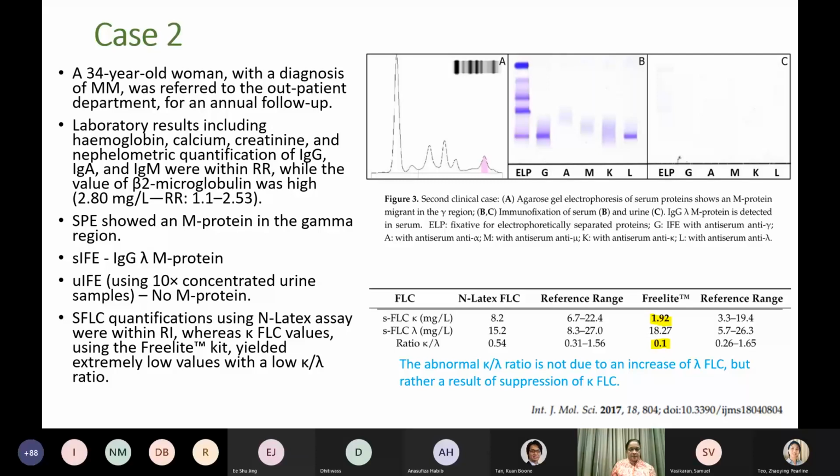Free light chain quantification using N-latex assay was within normal range, whereas using free light, they had very low kappa free light chain, with a normal lambda free light chain, giving a very abnormal kappa to lambda ratio. But this abnormal kappa lambda ratio is not due to an increase of lambda free light chain, but rather a result of suppression of kappa free light chain.